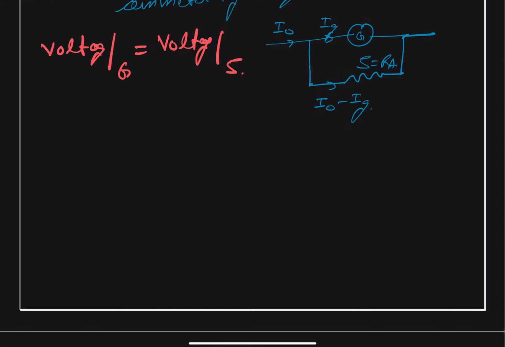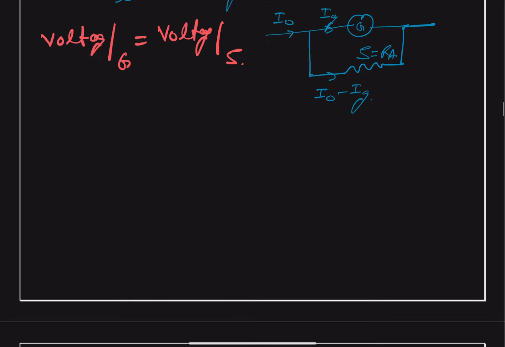So we can write that Ig multiplied by the galvanometer resistance G is equal to the shunt resistance Ra times I naught minus Ig.